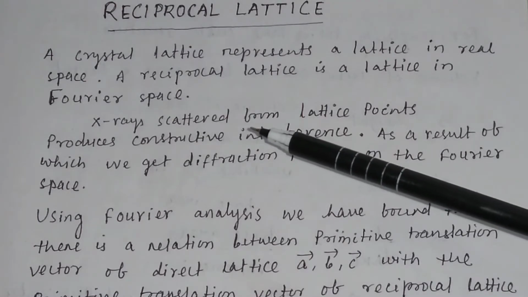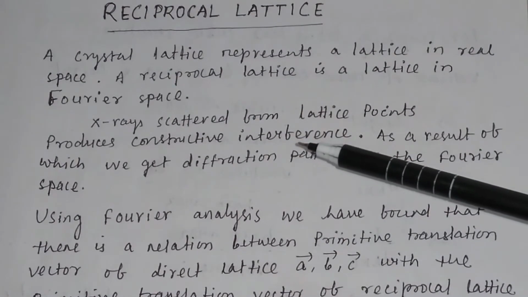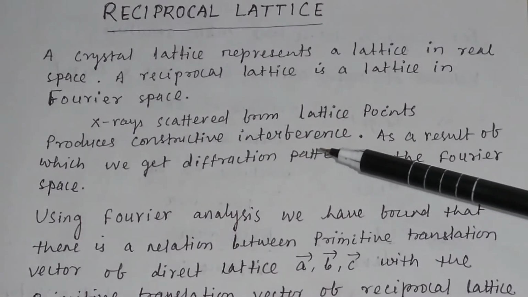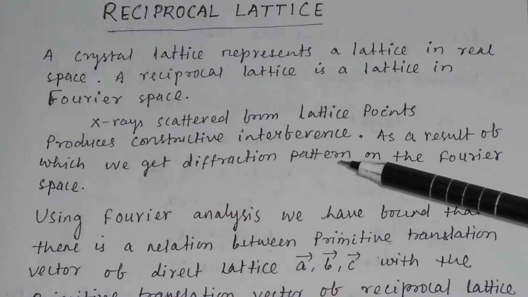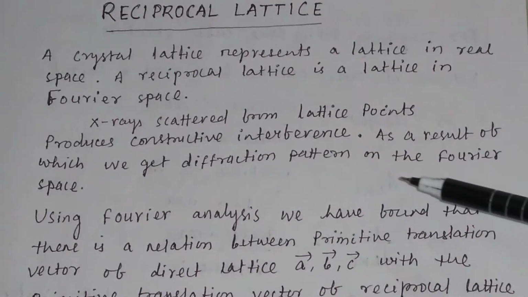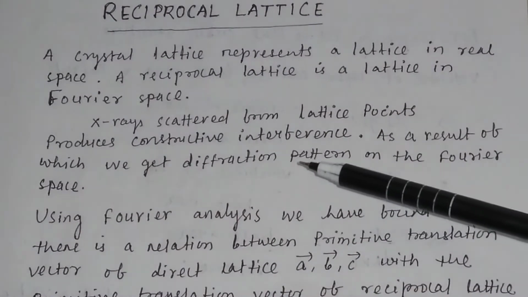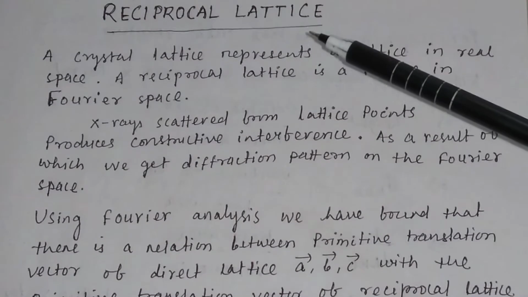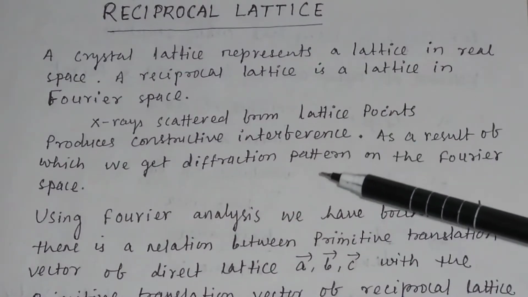The X-ray scattered from lattice points produces constructive interference, as a result of which we get a diffraction pattern on the Fourier space. The lattice in this Fourier space we say is the reciprocal lattice.